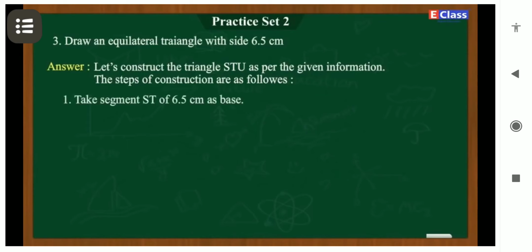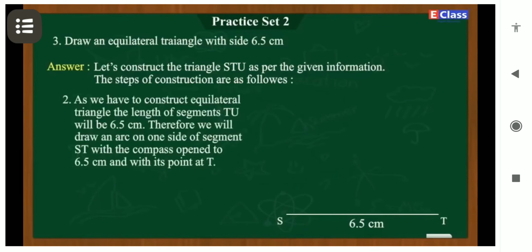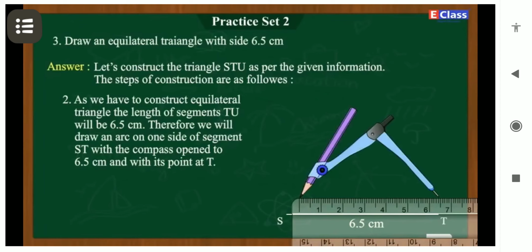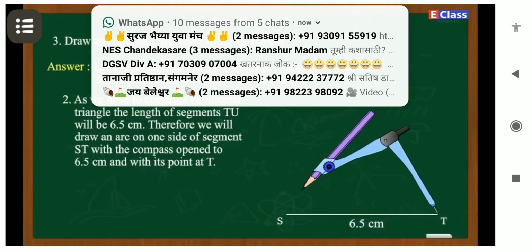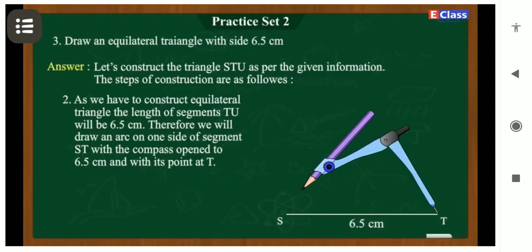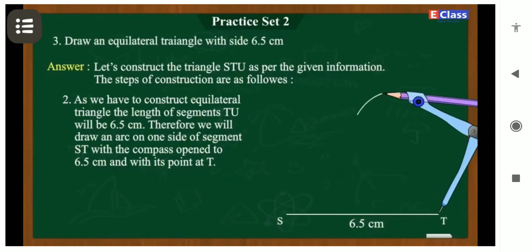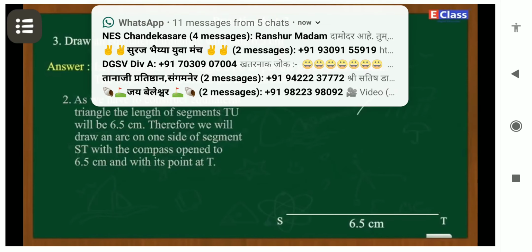1. Take segment ST of 6.5 centimeters as base. 2. As we have to construct an equilateral triangle, the length of segment TU will be 6.5 centimeters. Therefore, we will draw an arc on one side of segment ST with the compass opened to 6.5 centimeters and with its point at T. 3.